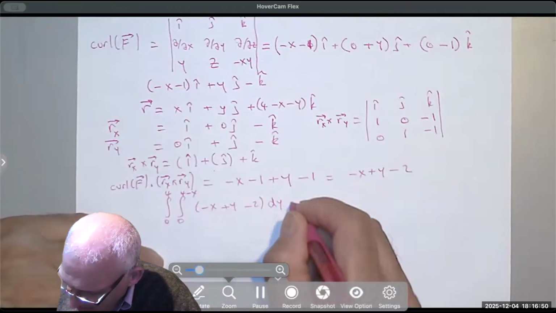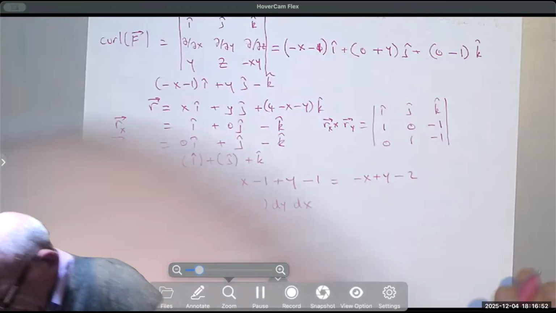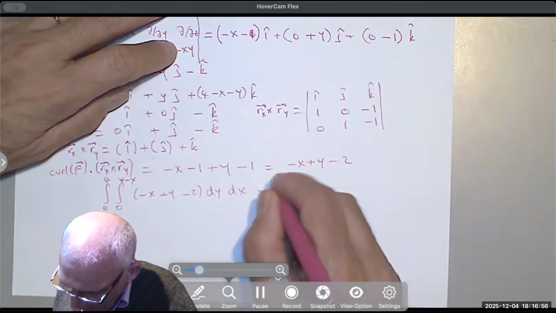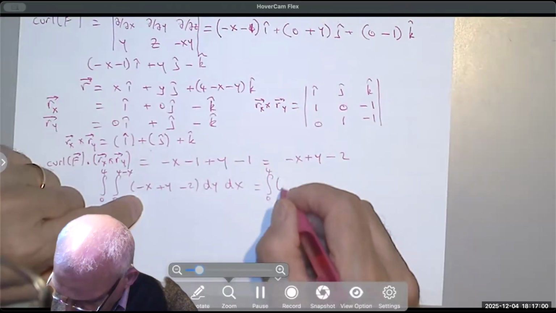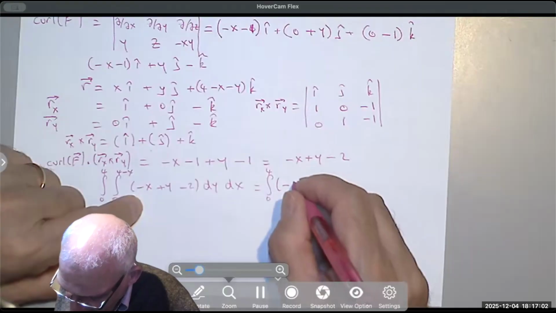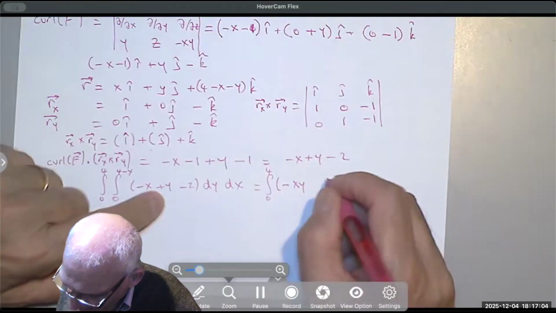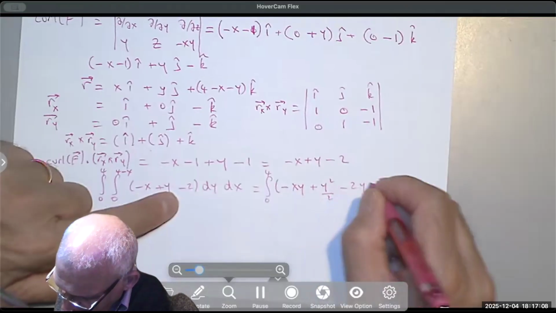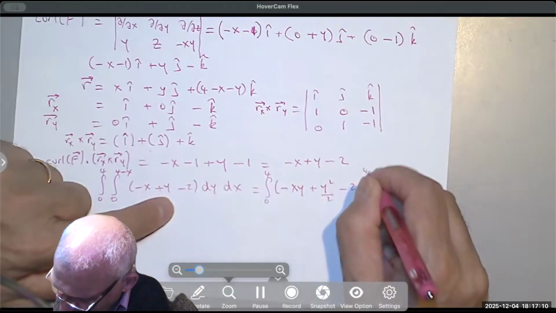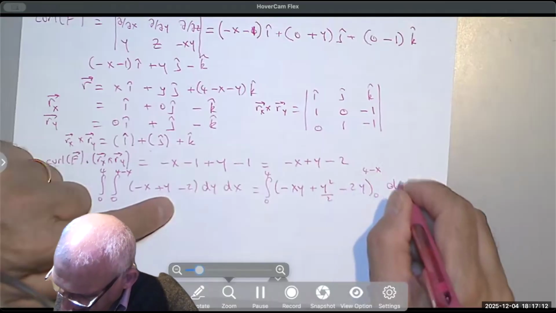I started with dy first, since I took those limits with respect to y. So I get the integral from 0 to 4 of negative xy plus y squared over 2 minus 2y evaluated from 0 to 4 minus x dx.